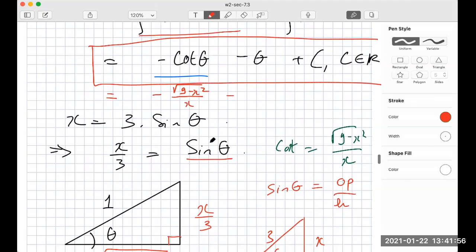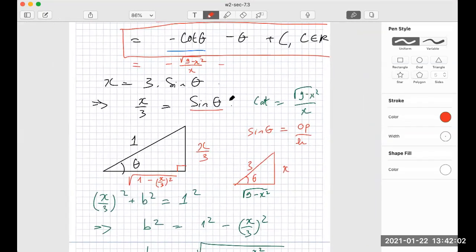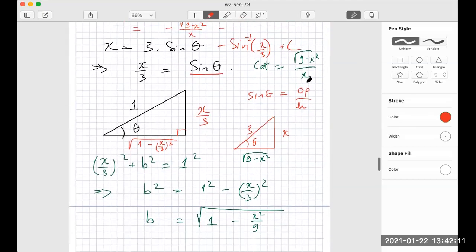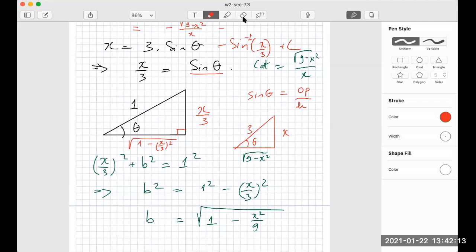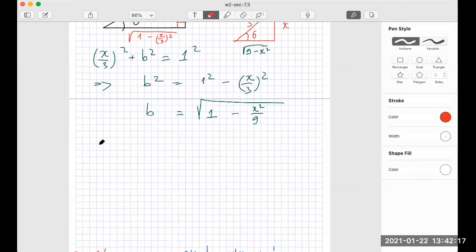Theta is, if we take sine inverse on both sides, what do we have? Thank you. Inverse of sine of x over 3, plus C. Sorry, it's kind of hard to see here. Let me write it down this way.